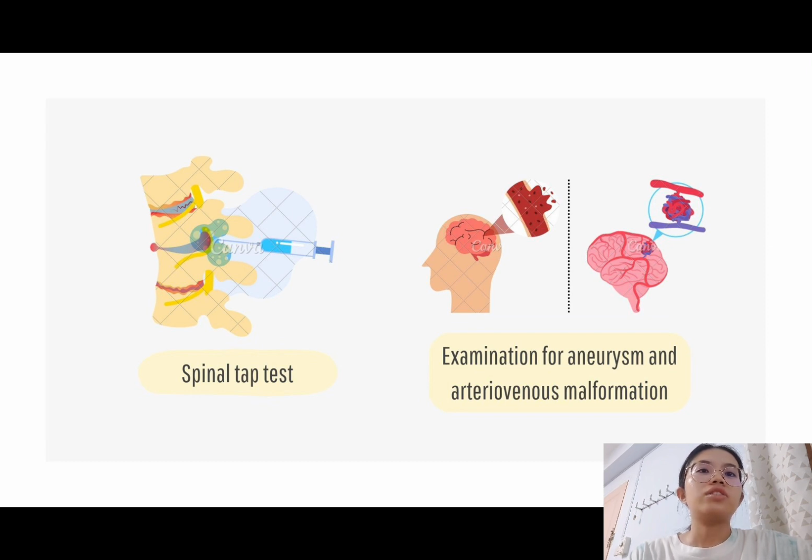And arteriovenous malformation occurs when there is an abnormal connection between arteries and veins in the brain. This abnormal connection disrupts blood flow and oxygen circulation. The lack of oxygen can lead to bleeding in the brain.